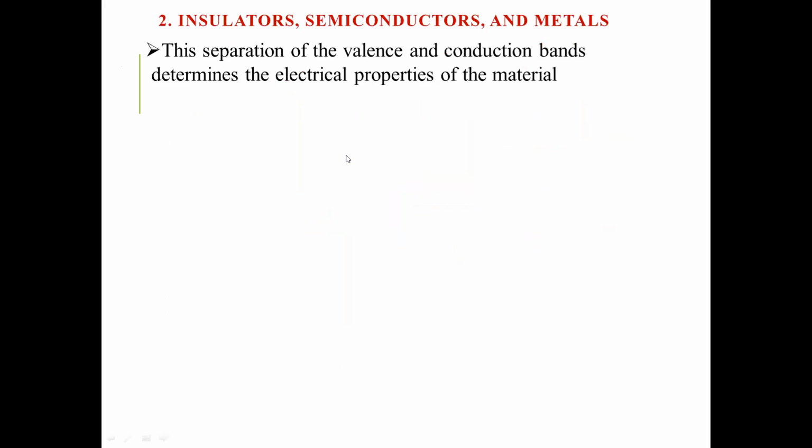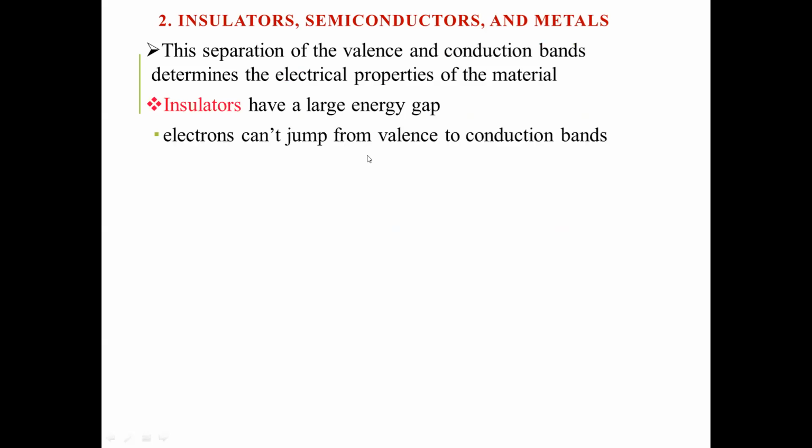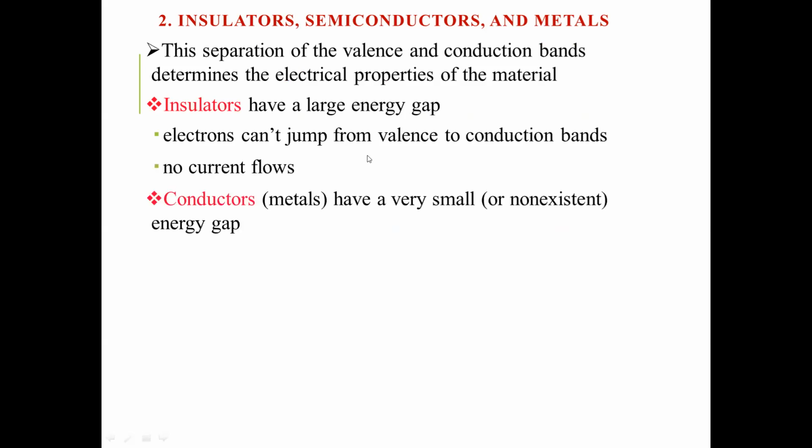Right. Then we go on to insulators and metals. The separation of the valence band and conduction band determines the electrical properties of the material. Insulators have a very large gap. Electrons cannot jump from the valence to the conduction band. That is what I was explaining. Then it means there is no current that can flow in insulators.